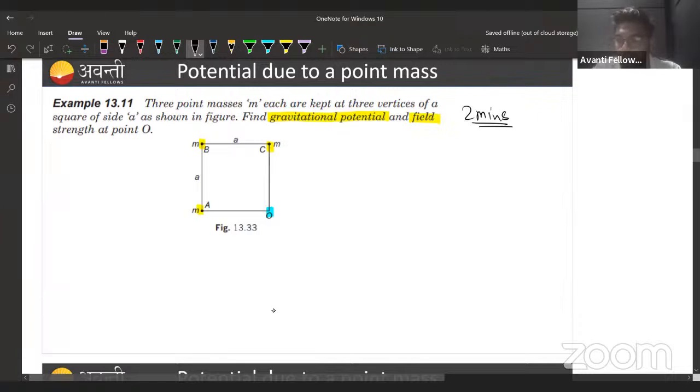By the way, today is Swami Vivekananda ji's birthday, so happy birthday to him. Great guy. Okay, time's up. Let me solve this question.